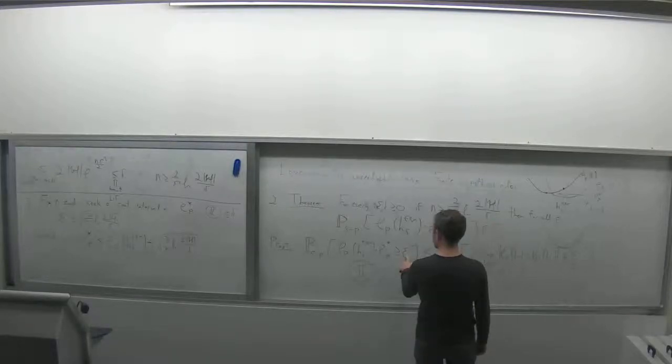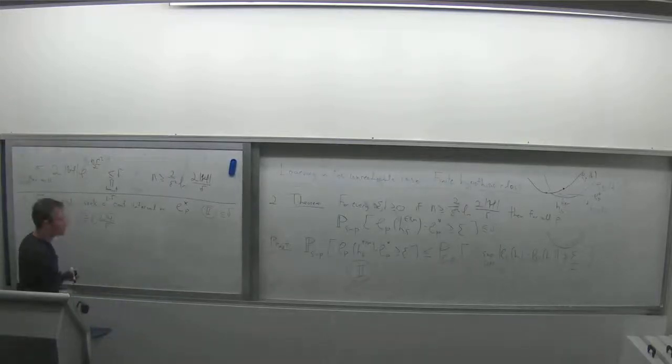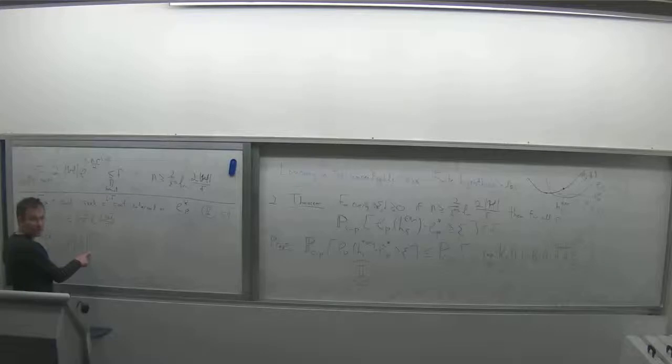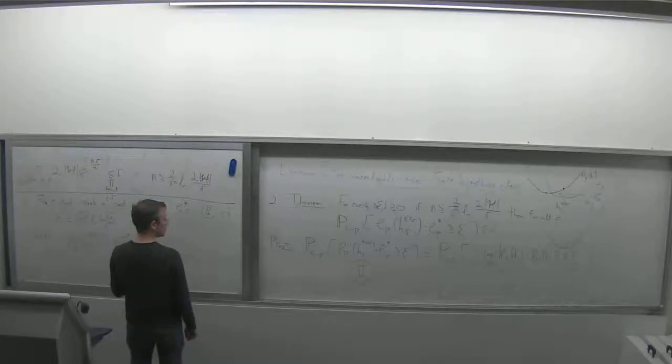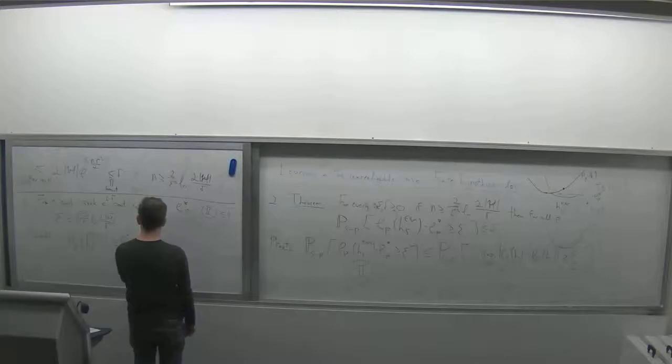What's wrong here? Okay, let me write it differently. Let's write it this way. We get that the generalization error of ERM, which is something that we don't know, is greater than or equal to E star P plus, actually, it's not as useful as I want it to be, square root of 2n ln 2h over delta.